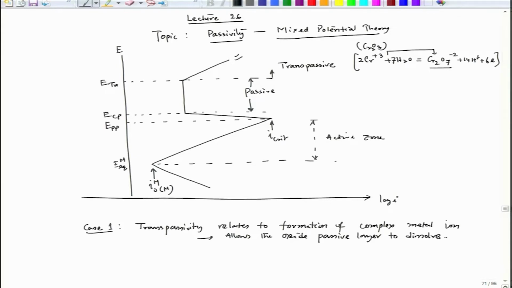Fine. So, this is case 1, and then you can have increase in dissolution again, I_A would further increase. And then there could be another situation which appears, case 2. This is case 1 and this is case 2.